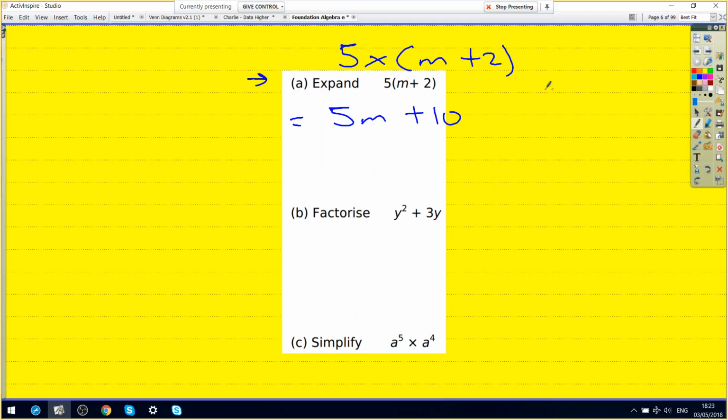And you know how 3x is short for 3 times x? They take out the times because it'd be confusing with 2 x's. Well, 5 bracket m plus 2 is just short for 5 times m plus 2. So it just means multiply. That's all it is.